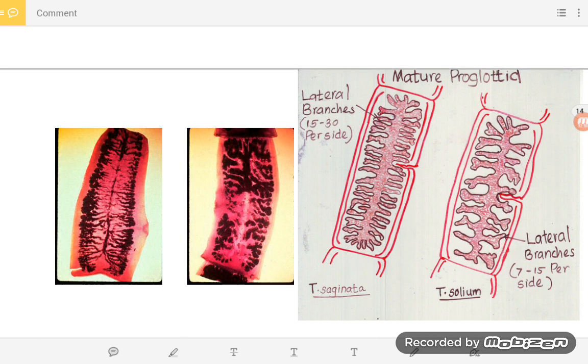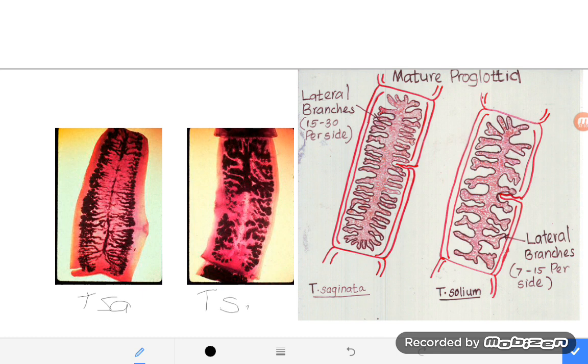Here you can see the mature proglottids of Taenia solium and saginata. This is Taenia saginata and this is Taenia solium, because in the first picture it is a single segment, while here you can see double, more than one segment. Again it indicates the species differences, and you can count the lateral branches.